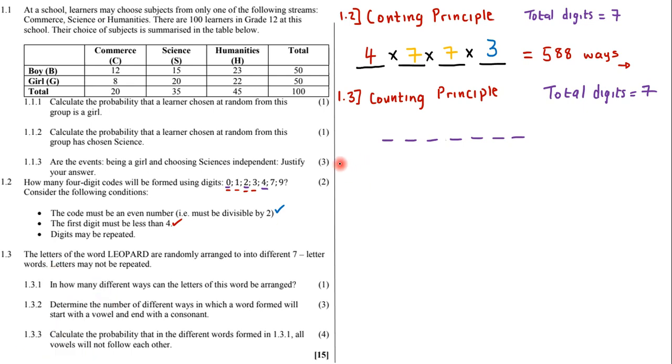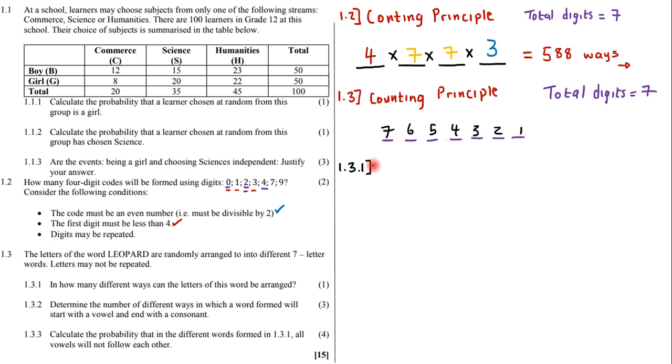The first question, 1.3.1, says: in how many different ways can the letters of this word be arranged? Because we have 7 letters and letters may not be repeated, if we put in the letters here we'll have 7 options, and once we use one we'll have 6, then 5, then 4, then 3, then 2, then 1, right?